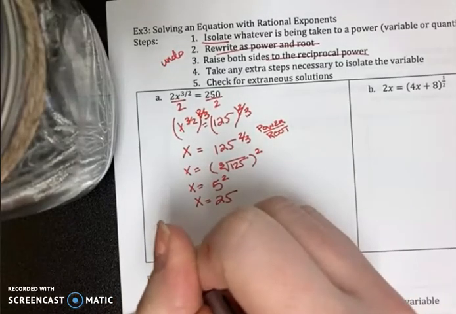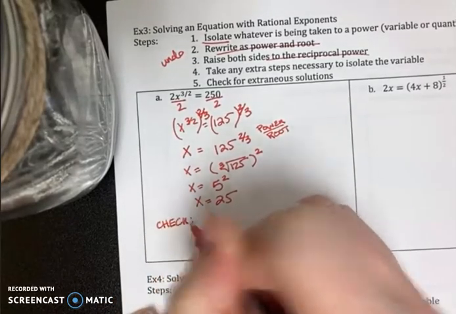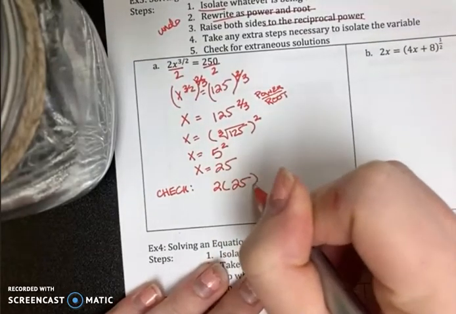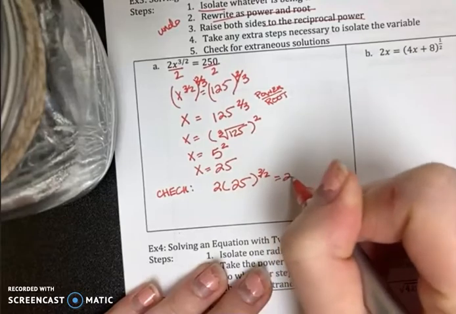Now we need to check our solution. So it's 2 times 25 to the 3/2 power equals 250.